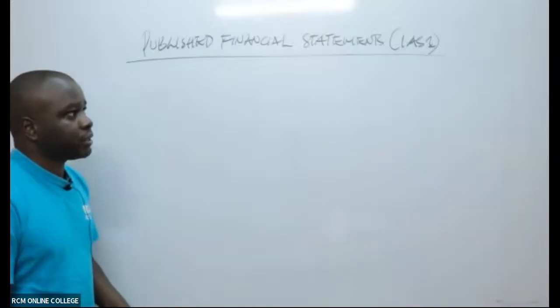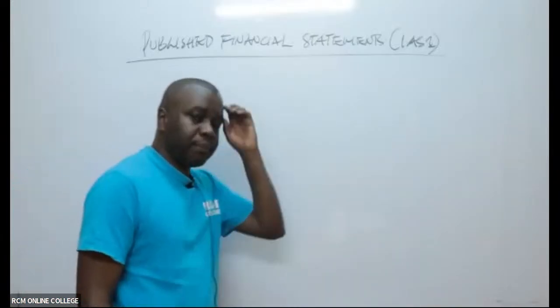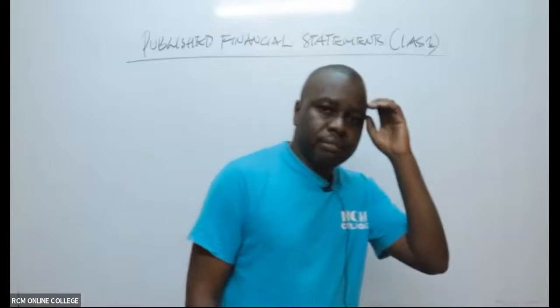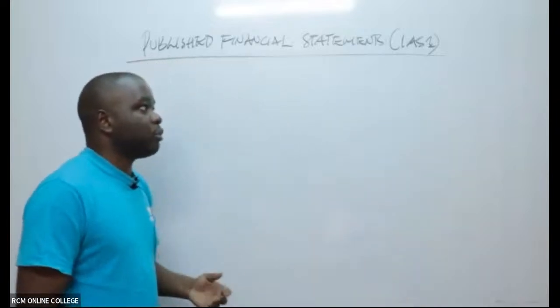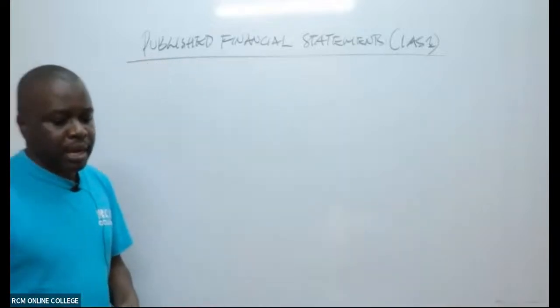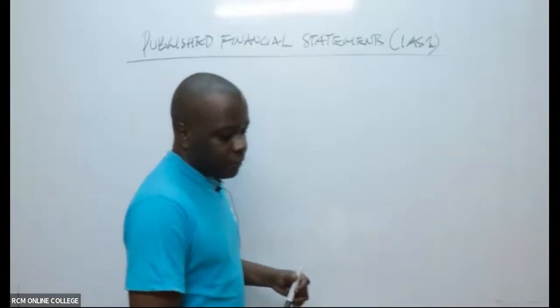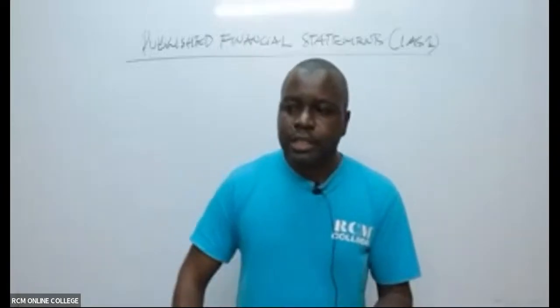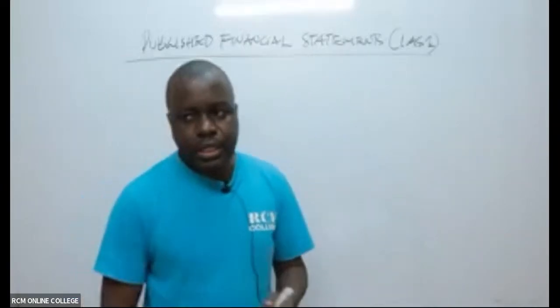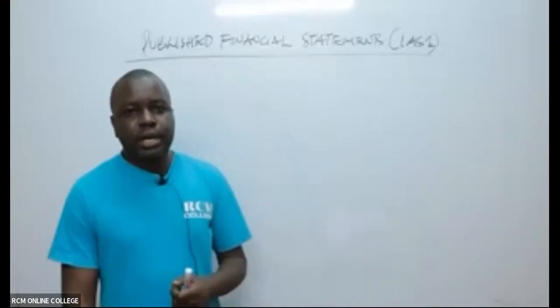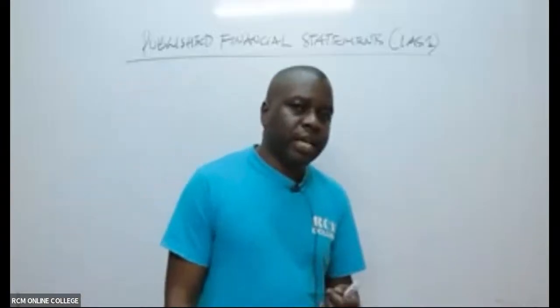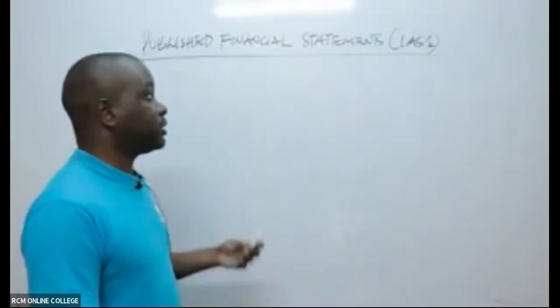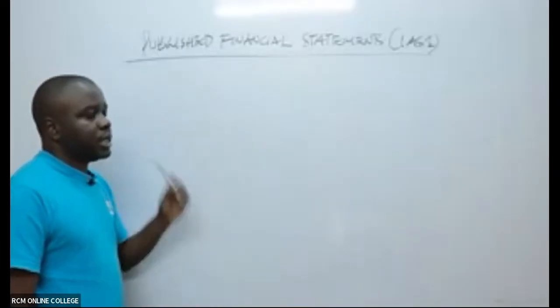There are key financial statements that will have to be published, for example by public entities. We have the statement of comprehensive income, the balance sheet, the statement of changes in equity, and the cash flow statement. And amongst those items that will likely be included in the published financial statements will be what we call what?